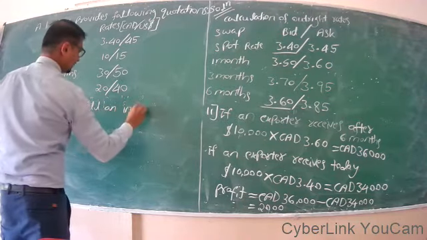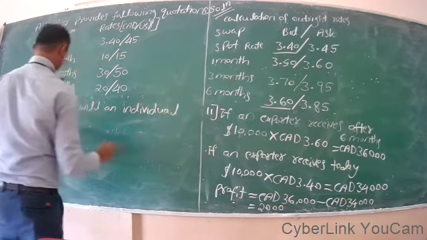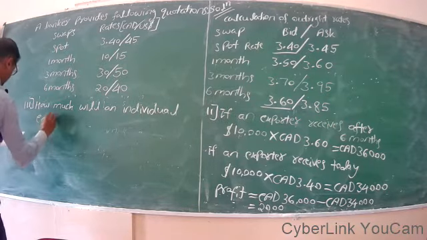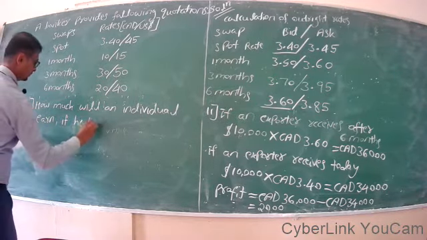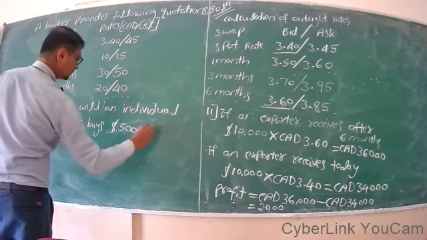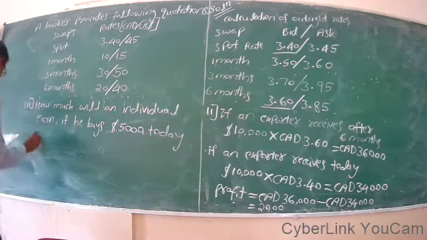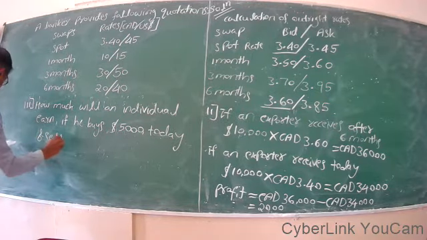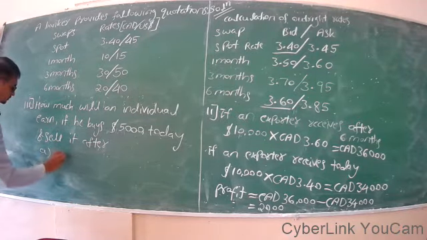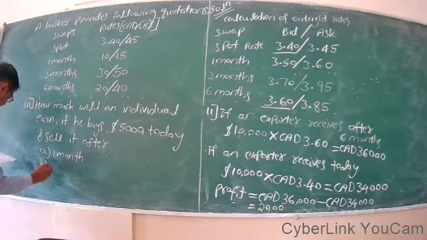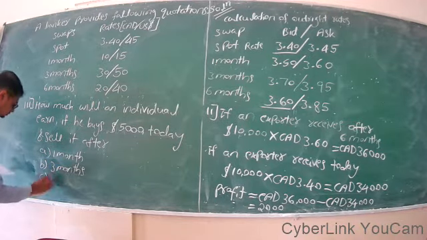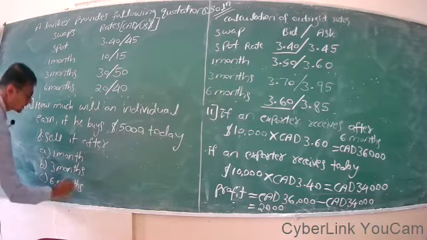How much will an individual earn if he buys 5,000 US dollar today and sell it after 1 month, 3 months, and 6 months.